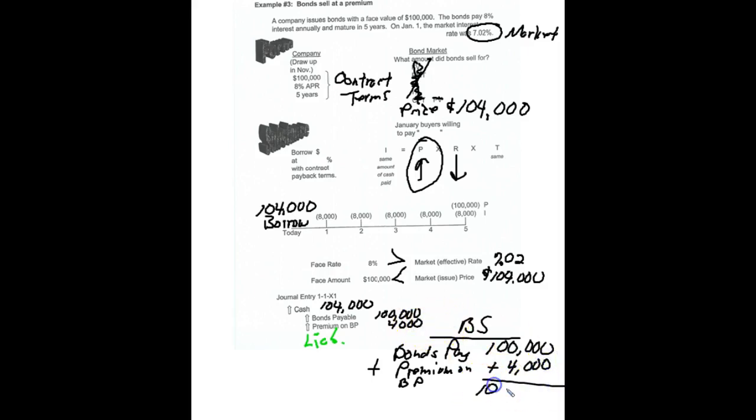So this time, our net liability, which represents the amount we borrowed, is $104,000 net liability.